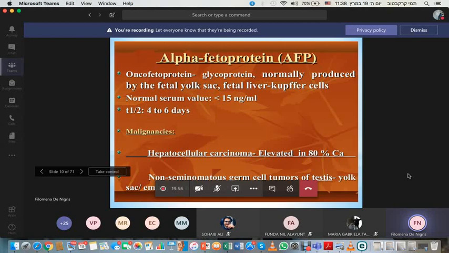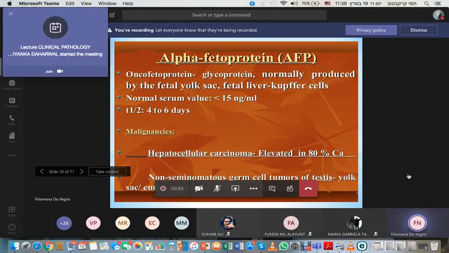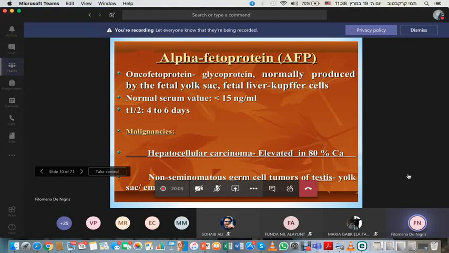We can take a little bit of blood from the patient using a tube with the top in red color, and on this blood we can monitor the presence of alpha-fetoprotein.